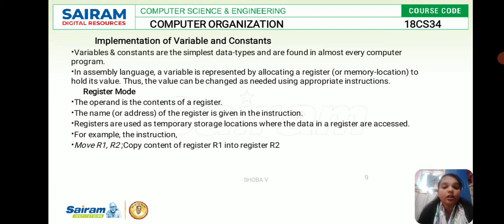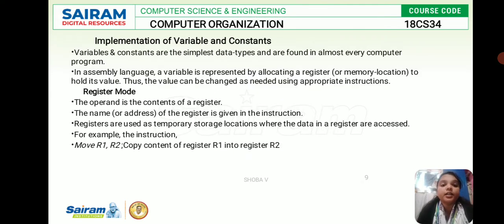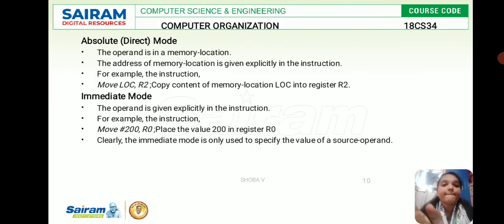For example, as we said in the previous slide on addressing modes, here is an example: Move R1, R2. This copies the content of R1 into the register R2. Now the absolute mode, or direct mode. The operand is in a memory location, and the address is given explicitly in the instruction.